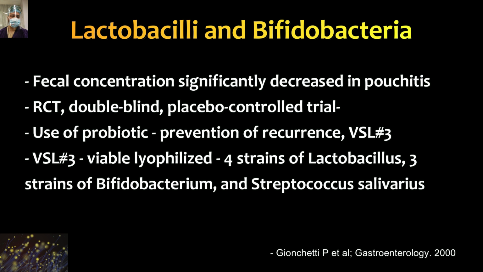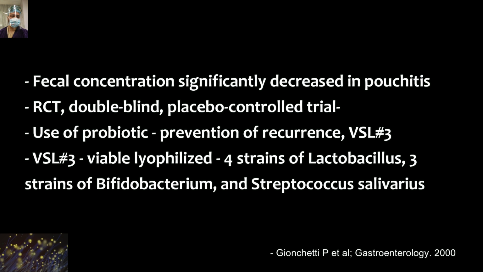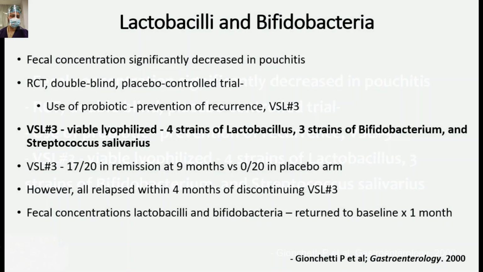So we have double-blind RCTs which compare placebo versus probiotic, and in all these trials, they used the probiotic with the trade name BSL #3. Unfortunately, it's not available in our country. It is a combination of viable lyophilized 4 strains of lactobacillus, 3 strains of bifidobacteria, and streptococcus salivarius.